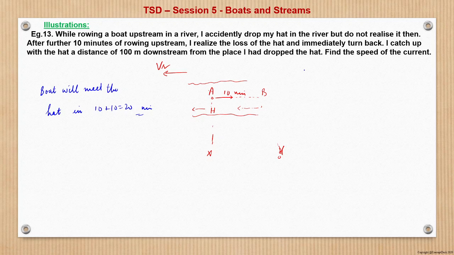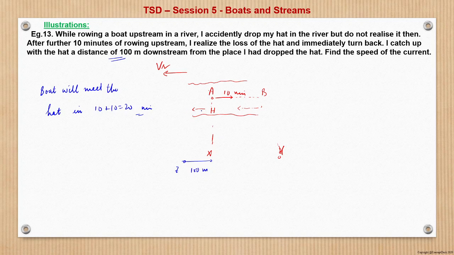And a further piece of information is given: in the same 20 minutes, the hat had covered 100 meters downstream from the place where I had dropped the hat. So it's saying that the hat had come from X to another point Z, which is 100 meters, right?